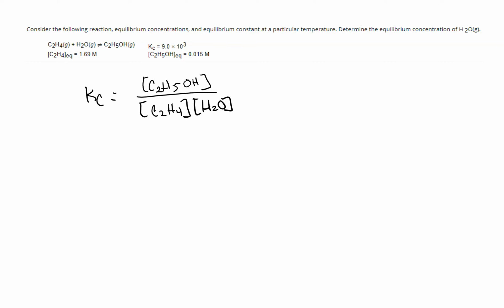So pretty straightforward mathematically in this particular case. And all we need to do is rearrange this for water. So I'm going to multiply both sides by water to eliminate water from the bottom, and then I'll divide both sides by our equilibrium constant, and that's going to give us the following expression.